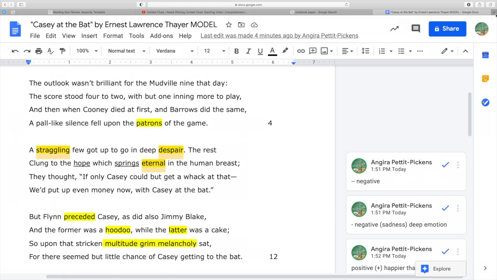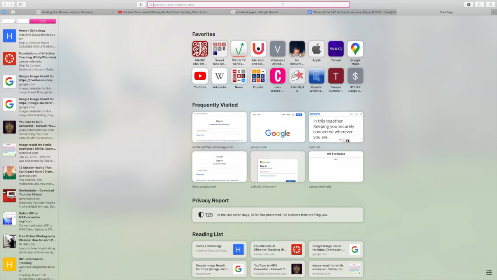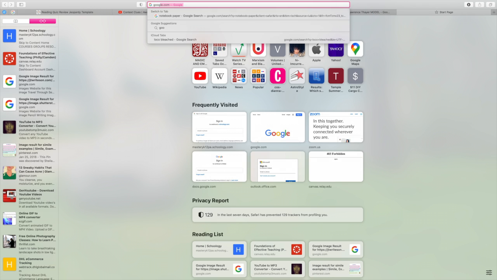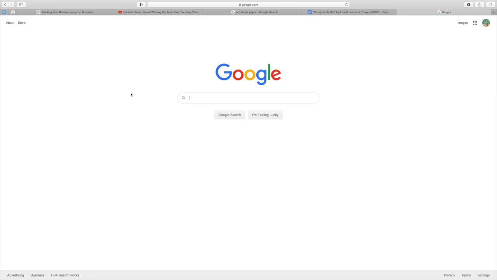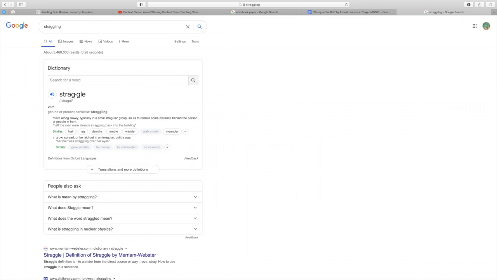All right, I copied that word. What I'm going to do is head over to Google, which is like our best friend. And I'm just going to paste that word into Google. If you do that, the first thing that pops up is a dictionary definition. It'll tell you to move along slowly. To move along slowly means to straggle.